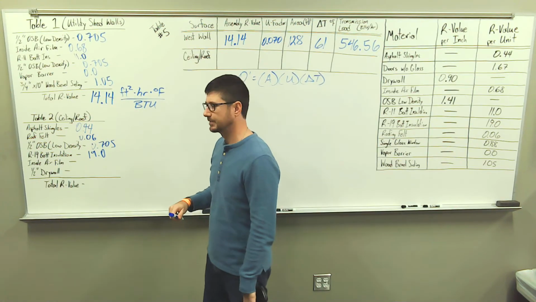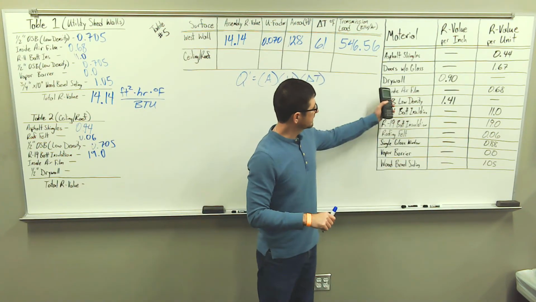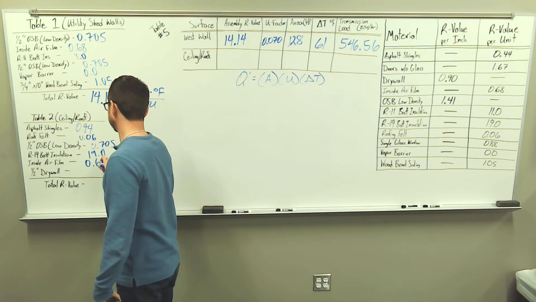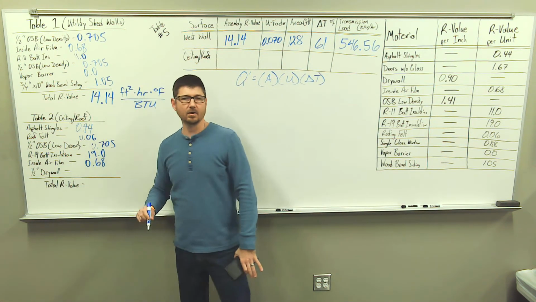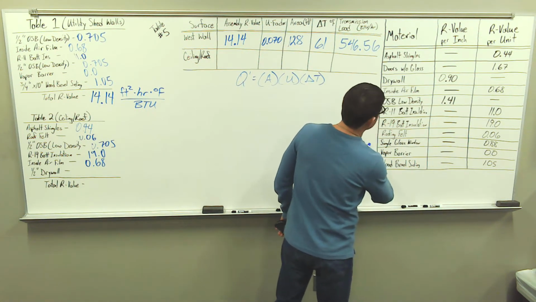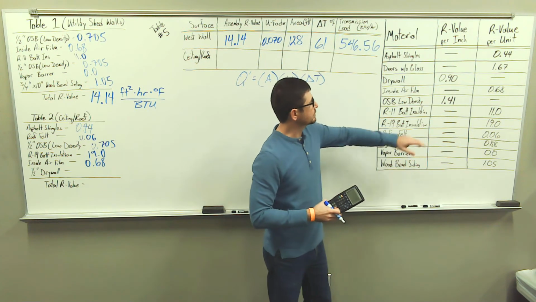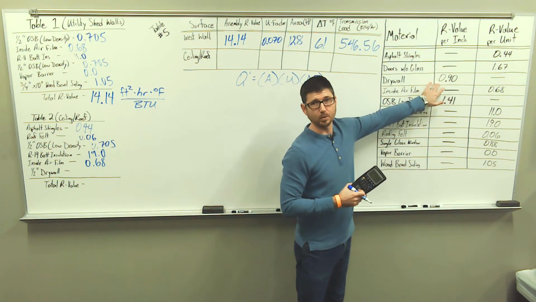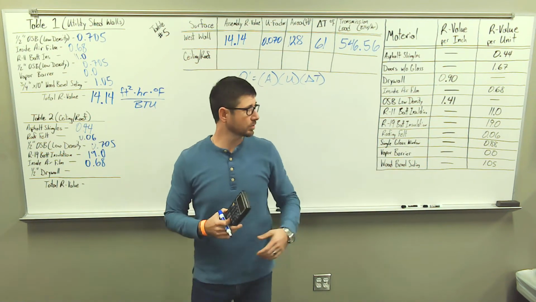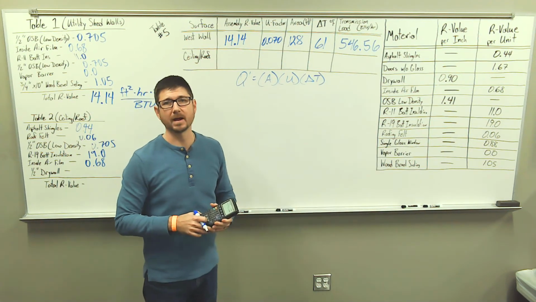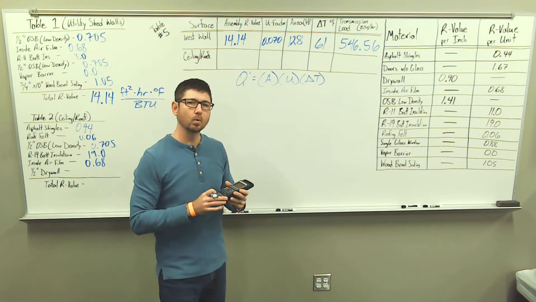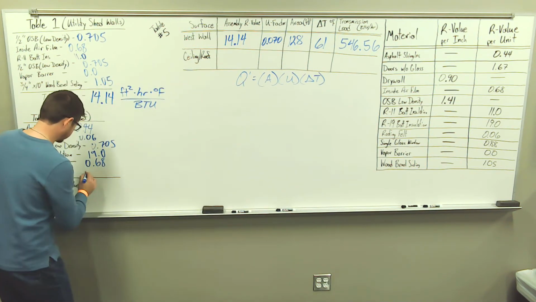Inside air film, let's take a look here, 0.68. And then we have our 1/2 inch drywall. So the R value per inch is 0.90, but we only have 1/2 inch. So we're going to multiply 0.90 by 1/2, and this is going to give me 0.45.